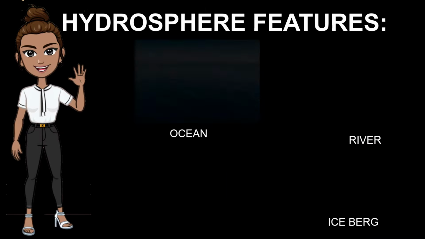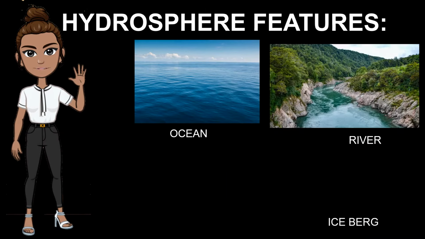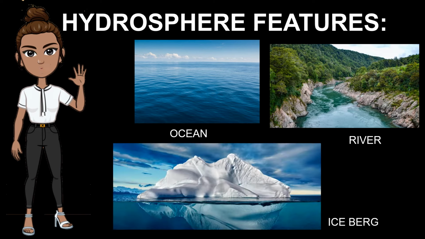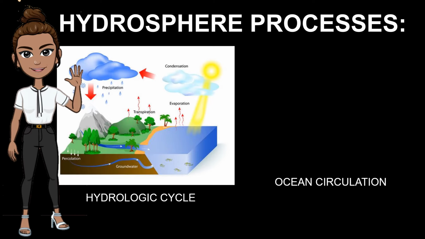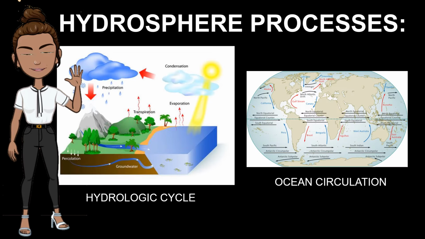The different features in the hydrosphere are oceans, icebergs, lakes, rivers, glaciers, snow, and so on. The different processes involving the hydrosphere are the hydrologic cycle, such as condensation and evaporation, and ocean circulation.